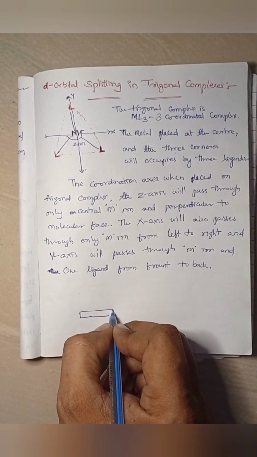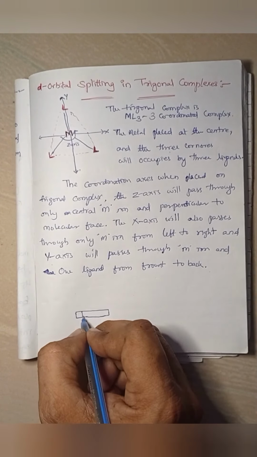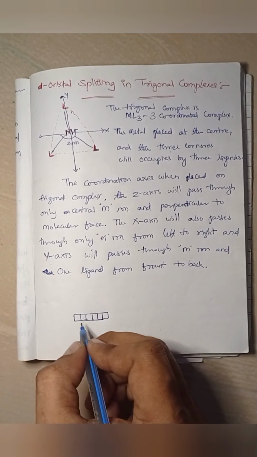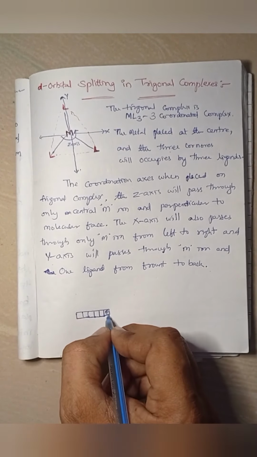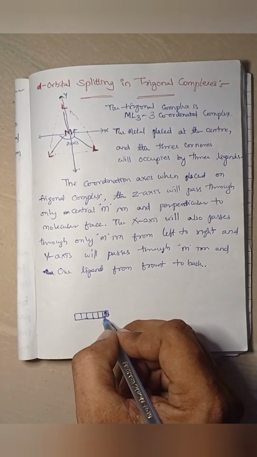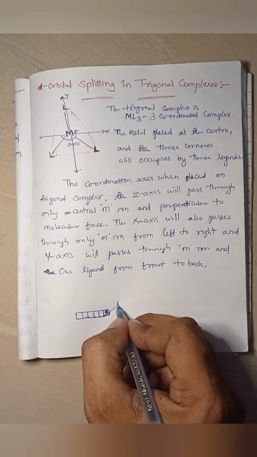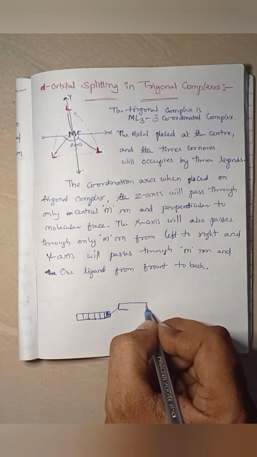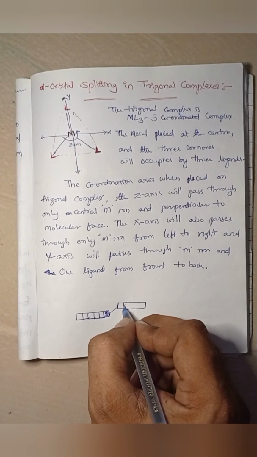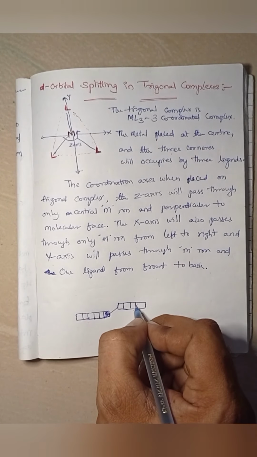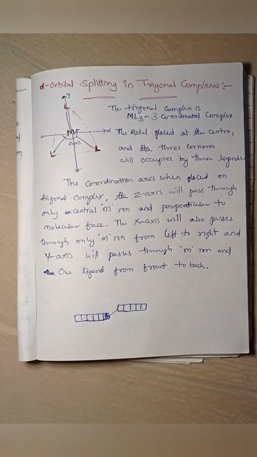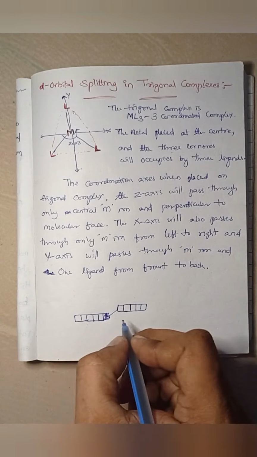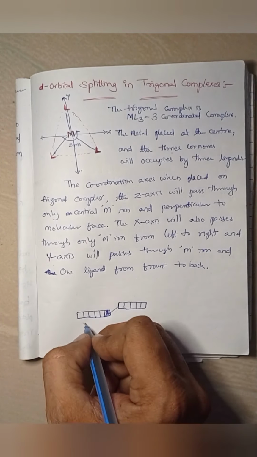We have the five d orbitals, and when they interact with ligand sites, they get slightly excited. When the three ligand sites approach the metal atom and form the complex, the metal d orbitals get slightly excited.